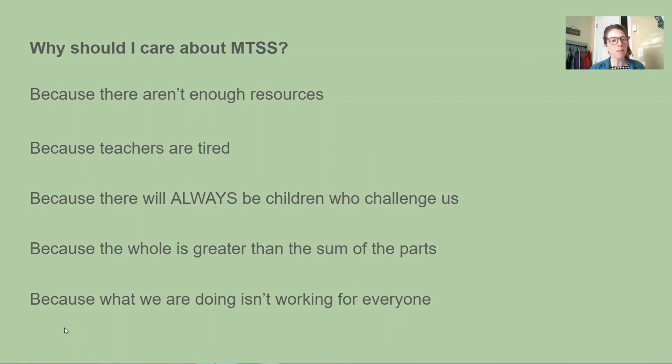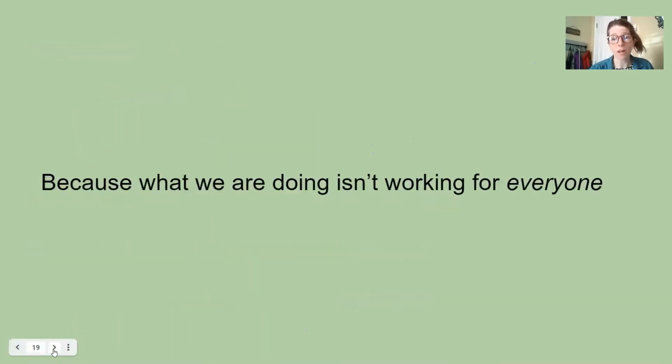And I'm not saying that that's not needed. Please don't take that. That is absolutely needed. But it may not be the most direct way to get to better scores, better climate, less teacher fatigue, and those kinds of things. And really, it comes down to one big thing: what we're doing isn't working for everyone. And that is just the brass tacks of it.